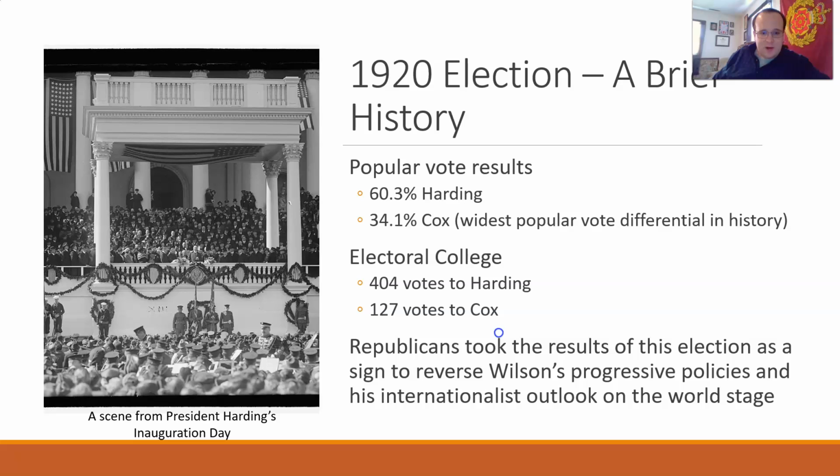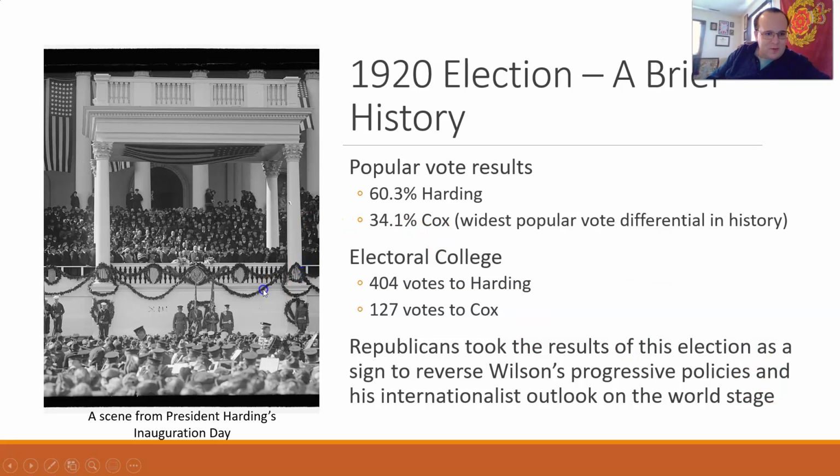Cox took a beating there as well, 404 votes to 127 for him and Roosevelt. So the Republicans took this as a great sign to reverse Wilson's progressive policies, reverse what the Democrats were doing, and kind of come home almost in a sense.